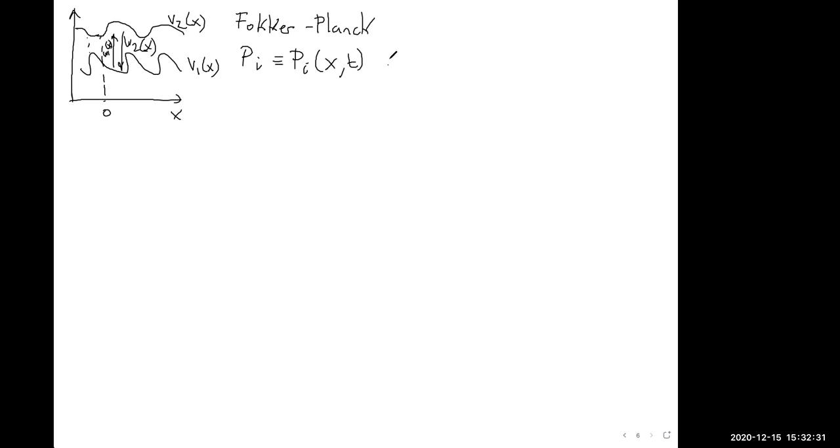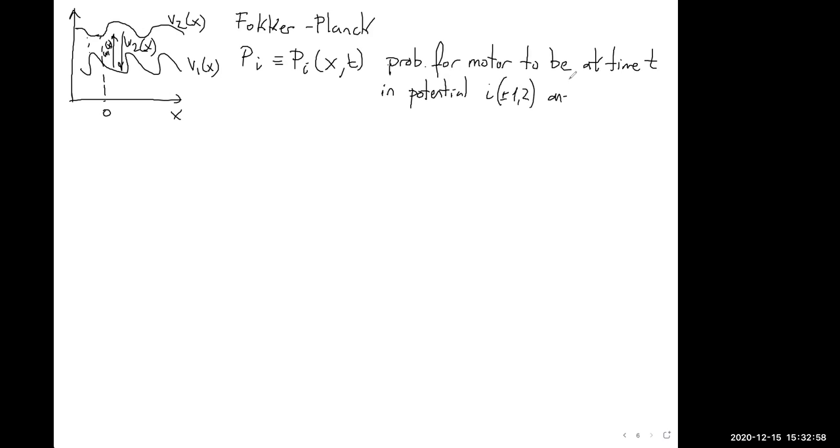This will be the probability for a motor to be at time t in potential I, where of course I is equal to 1 or 2, and position x. In reality, one should do a Fokker-Planck with two variables, x and I, but I'm going to simplify it in a way.